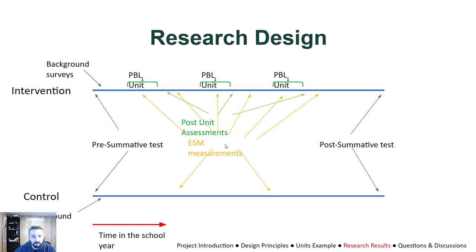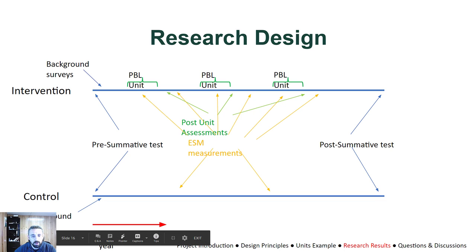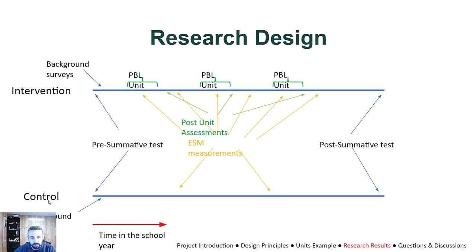Let me go over this slide just a little bit to walk you through it. The blue line represents the school year, and movement along the line is time throughout the school year. The left edge of the line is the start of the school year, and the right edge is the end. We had control teachers, control schools, or control classes, and we had interventions.